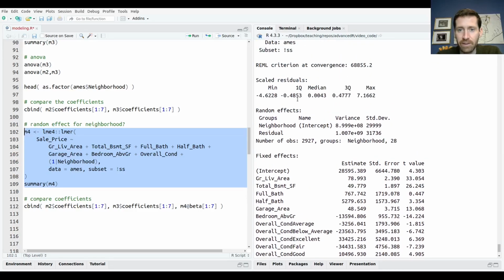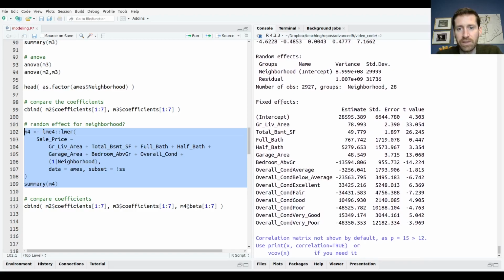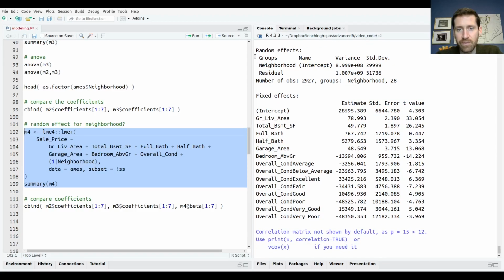Okay, this is the fit. It's telling you it's a linear mixed model fit by REML, which is residual maximum likelihood. Some people call it restricted maximum likelihood. That's the model formula, then residuals. And then this part of the output is new. It's telling you the variance of those normally distributed neighborhood effects, and probably more interpretable is the standard deviation, which is about 30,000.